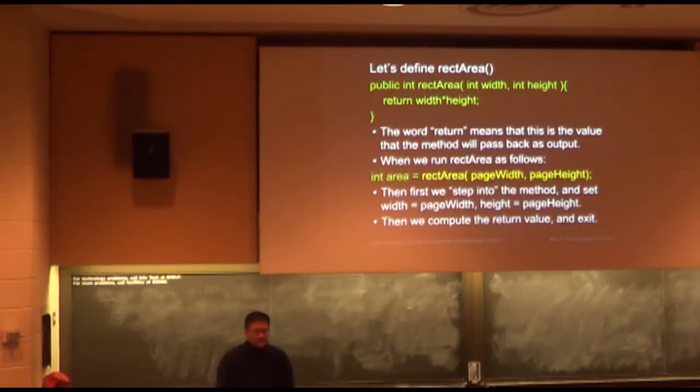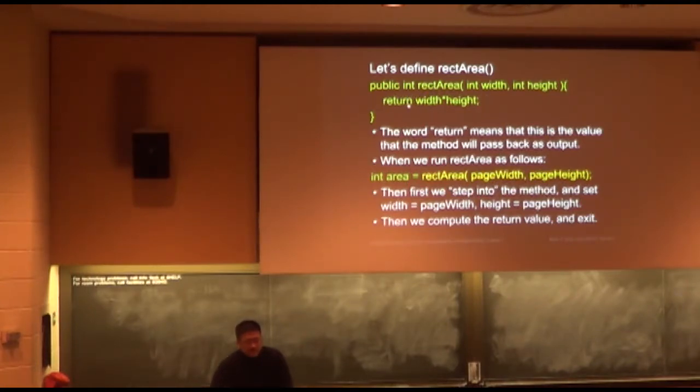Okay, so let's now put content inside our class, our method. So our method is going to return a particular value, and in this case, it's going to calculate the rectangular area of some sheet of paper or something. So we're going to use this special word return to return the results of rect area.